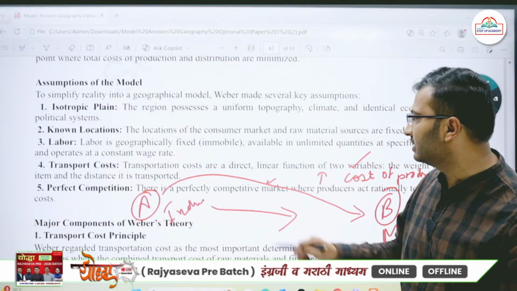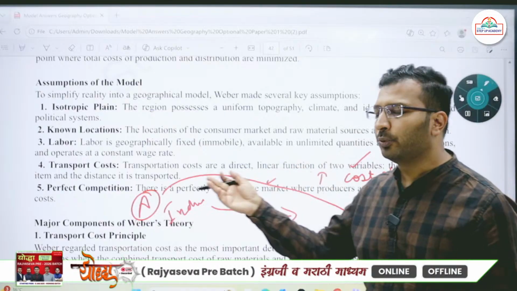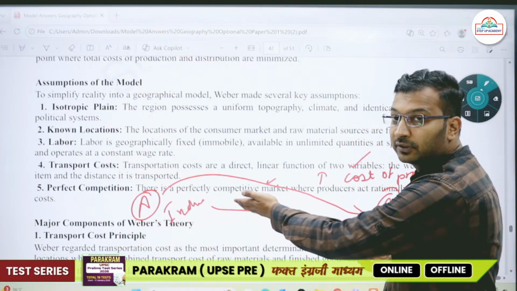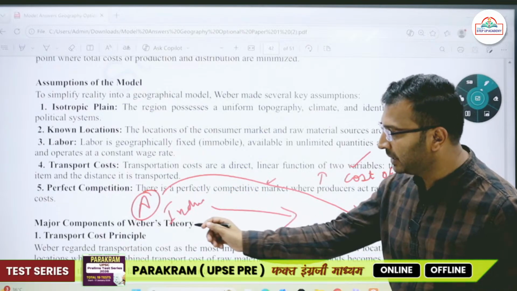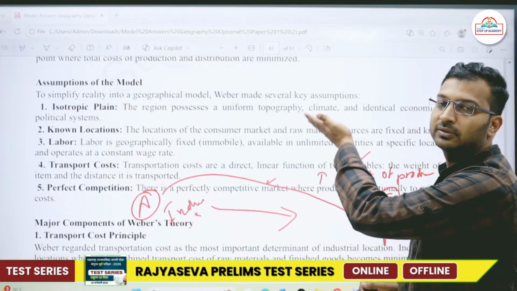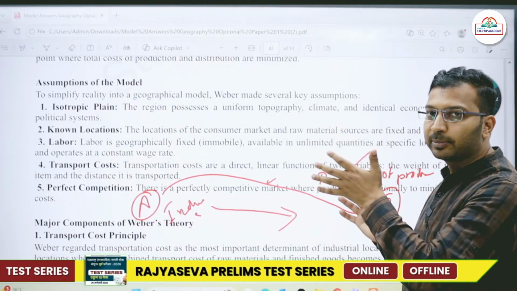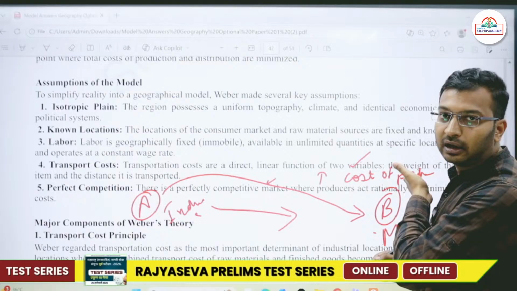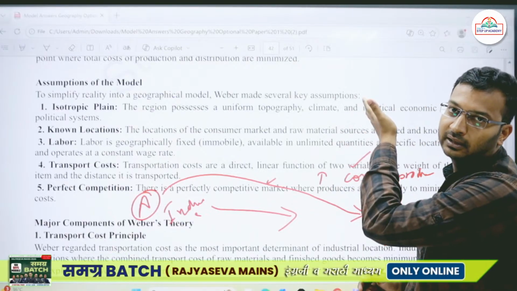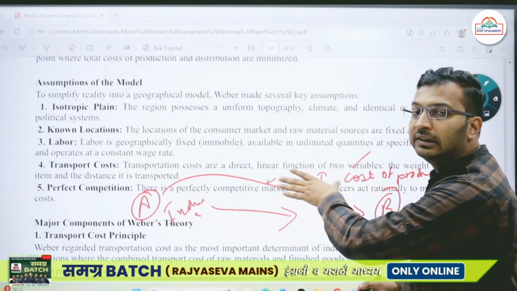It increases directly with two variables, the weight of the item and the distance it travels. If the weight of the good that is being carried from industry to the market is very high, it is a bulky product, and the distance is also large, then the cost will go on increasing. Okay, so he said there is a linear relation.